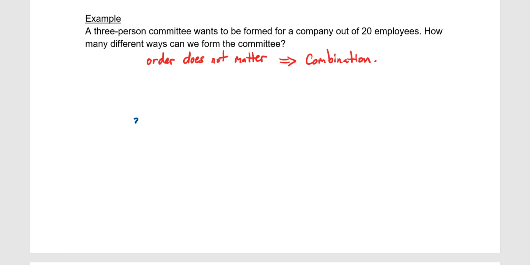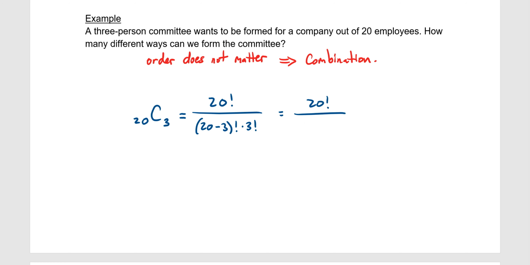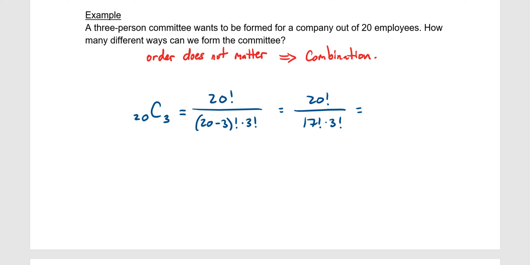So it's going to be 20 total, and we're choosing 3 of them, 3-person committee. So we're going to do 20 choose 3. That's 20 factorial over 20 minus 3 factorial times 3 factorial, which is 20 factorial over 17 factorial times 3 factorial. So we can cancel off that 17 factorial.